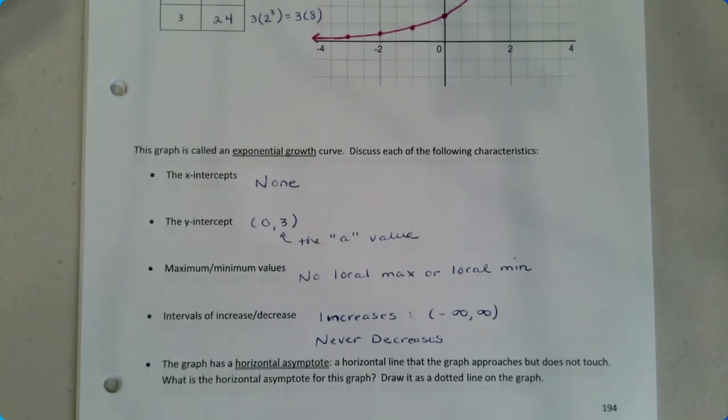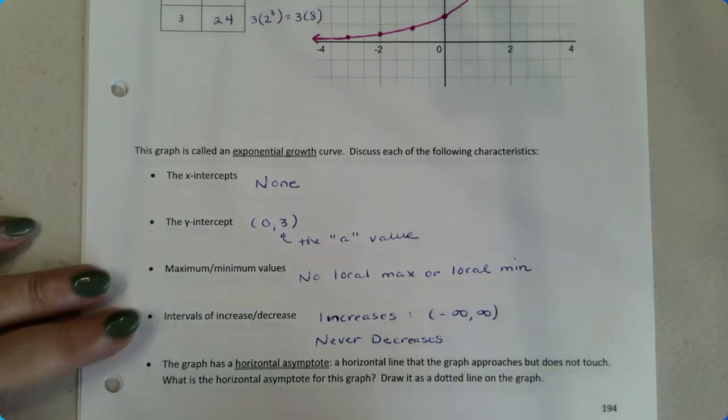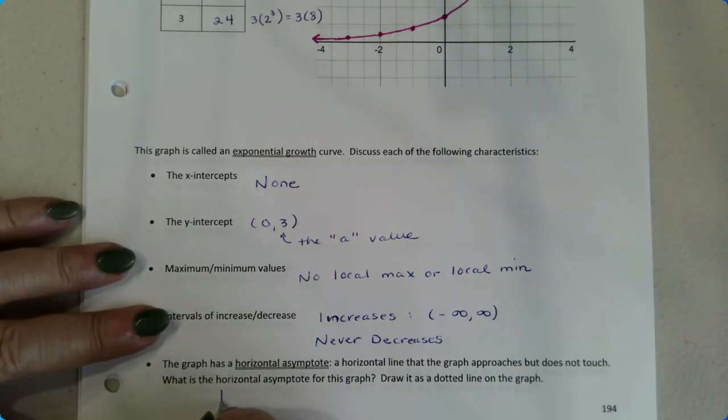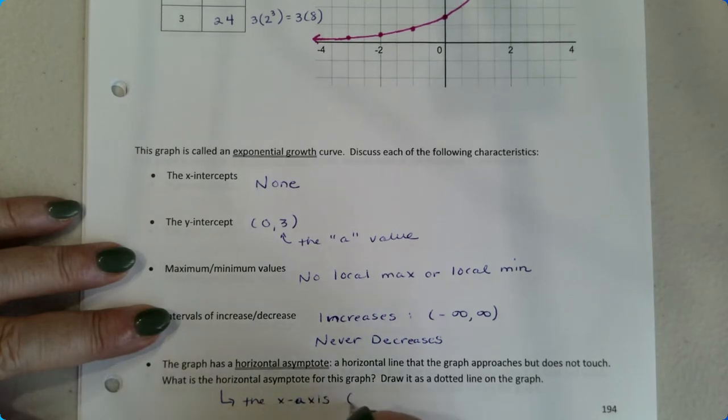It's simply a horizontal line that the graph approaches but does not touch. So the horizontal asymptote for this graph is the x-axis, which has equation y equals 0.